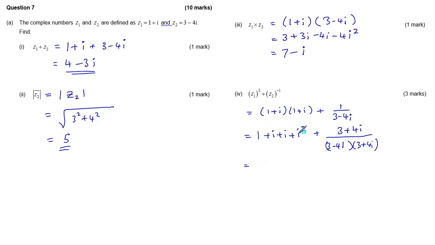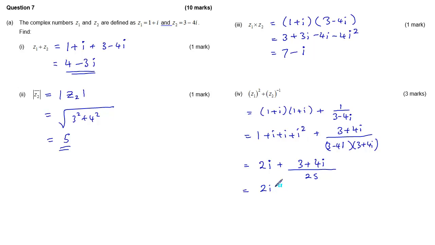Now this is 1, take away 1 here, so that disappears, so we just get 2i. And then here we've got 3 plus 4i over 9 add 16, which is 25.